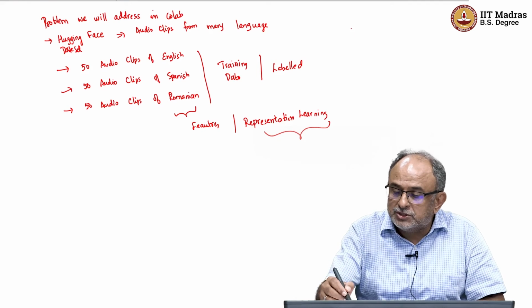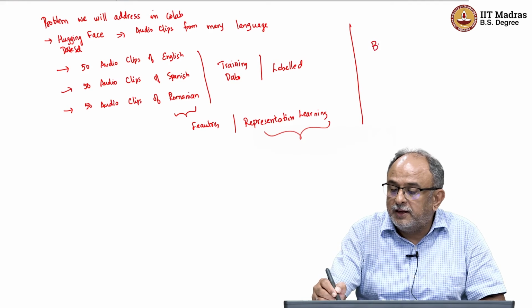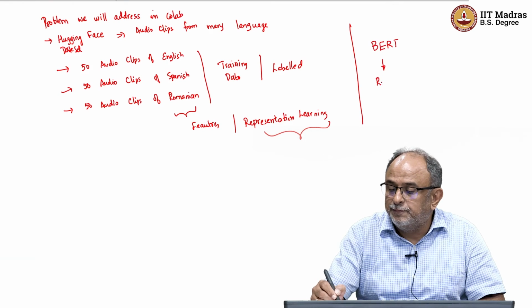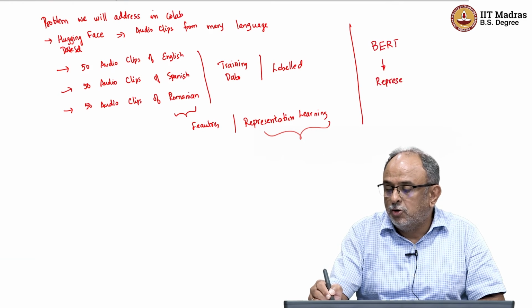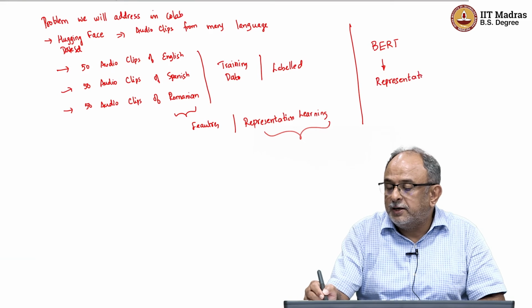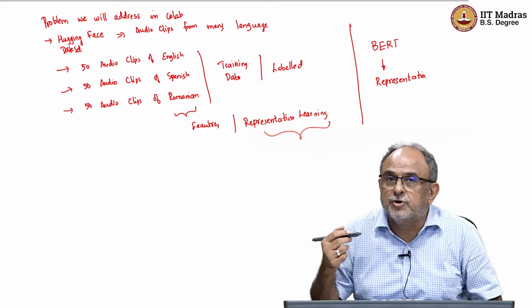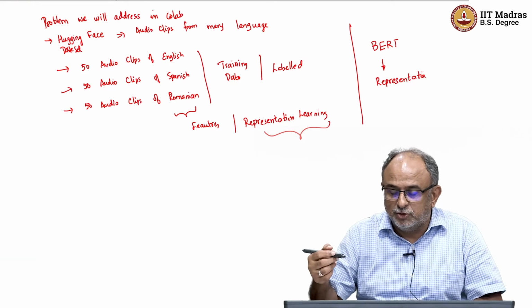You would have used BERT to get a useful representation for words. BERT is basically a huge neural network where you got a useful representation for each of the words in the context that you are dealing with.